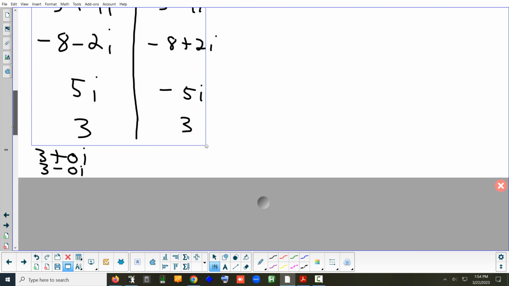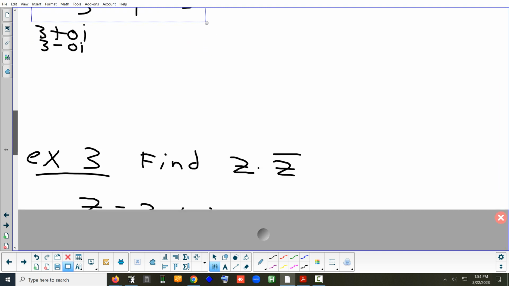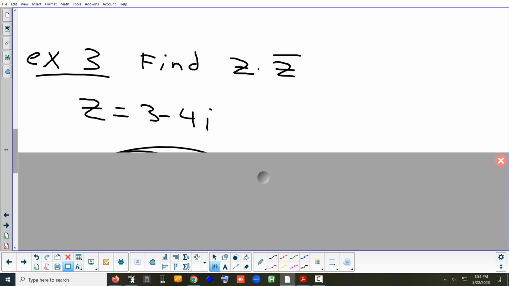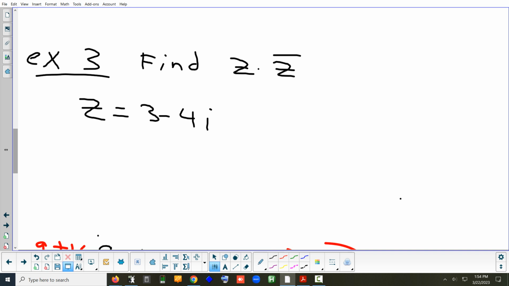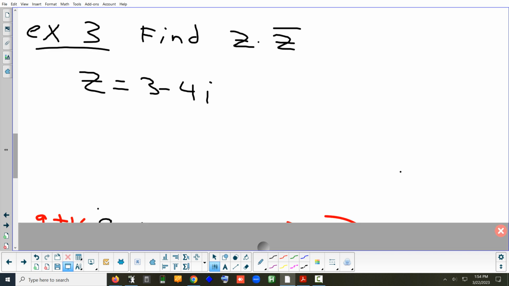Okay, so what happens? I said something happens when you multiply two numbers that are conjugates together. Let's see what happens. So this problem is saying to multiply whatever number they give you and its conjugate. Here's the number that they're giving: 3 minus 4i.